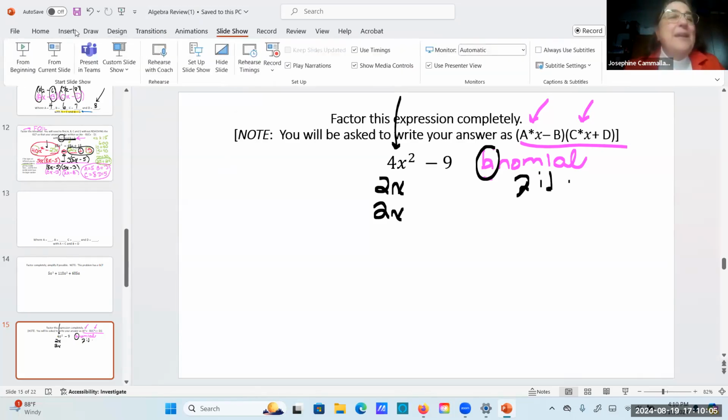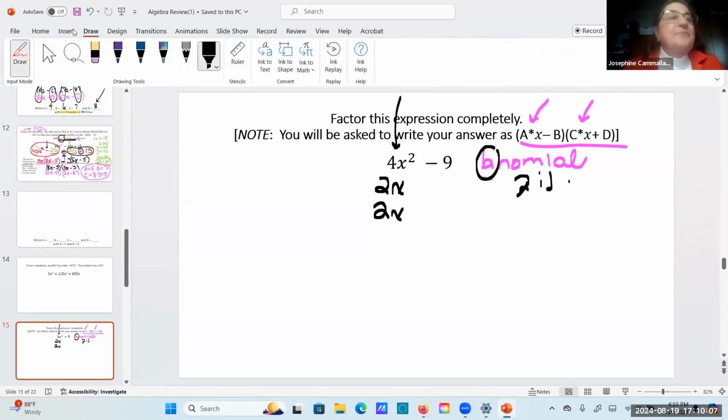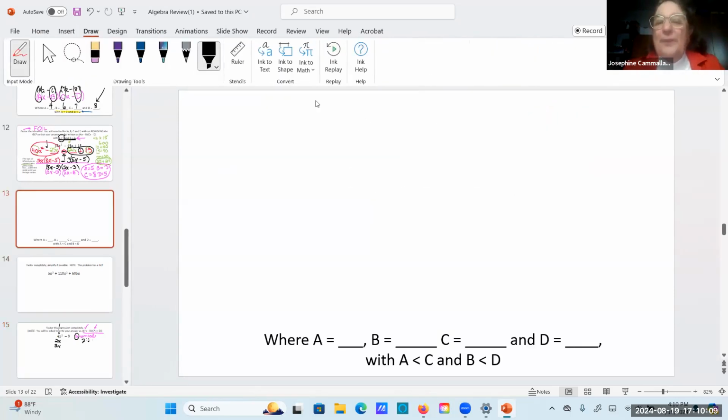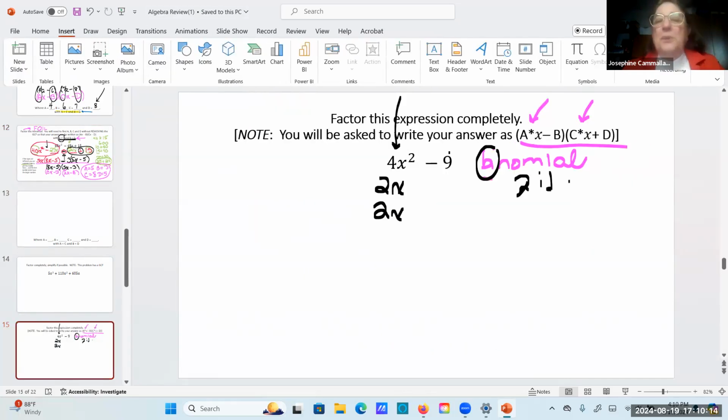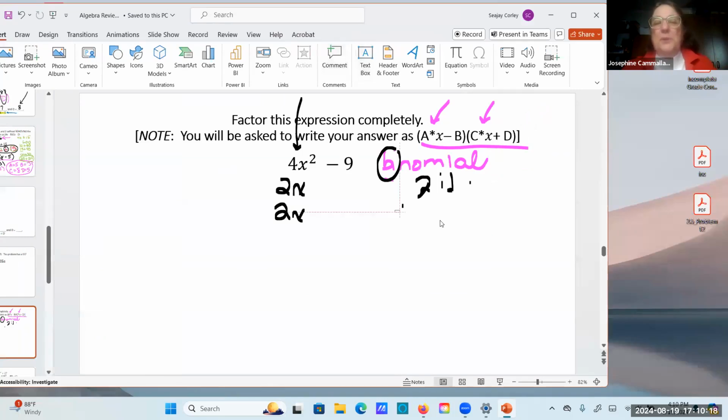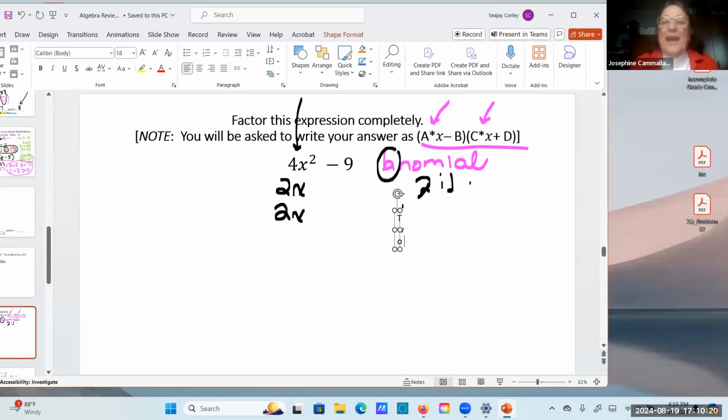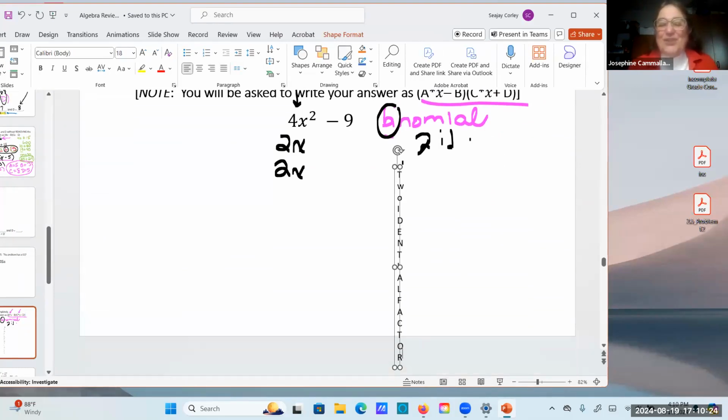And for some reason, my pen doesn't like me. Two identical factors.